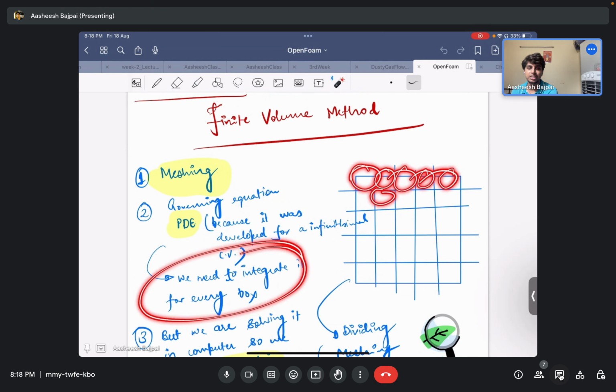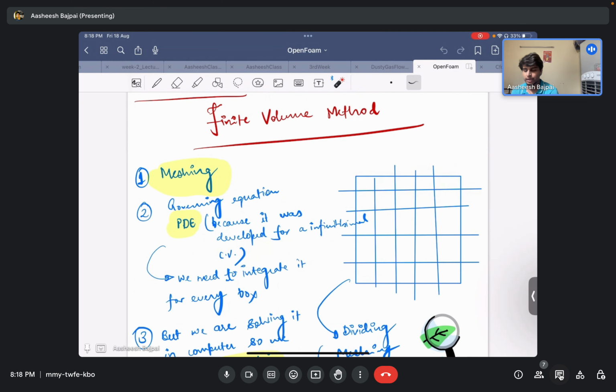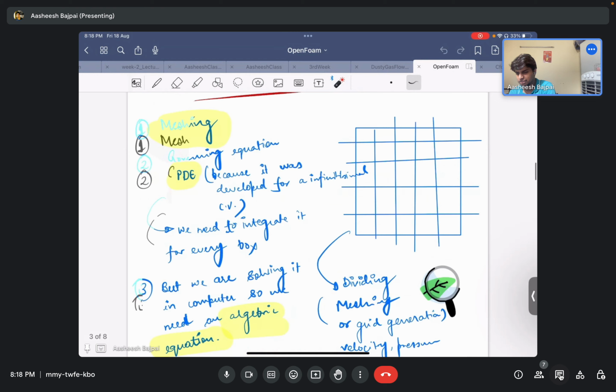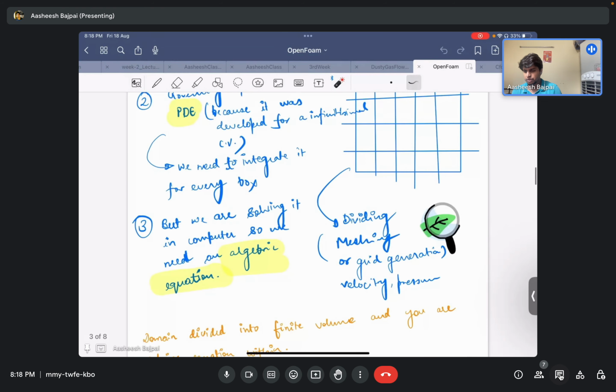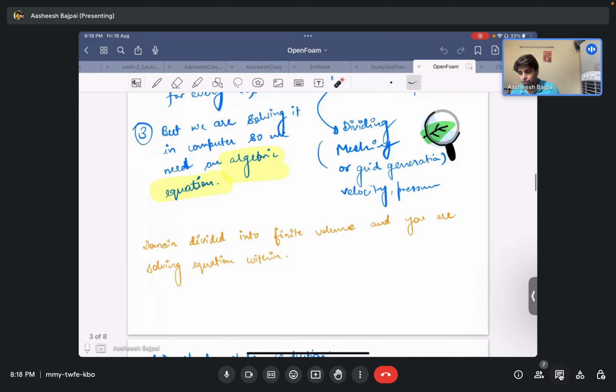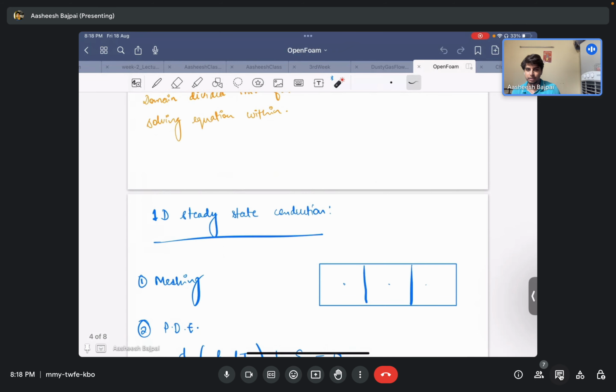There are different integration methods, as you will understand in later classes. We are not solving it on paper. While integrating, we need to convert it into an algebraic equation, then divide the domain into finite volumes, and we solve the equation within that control volume.